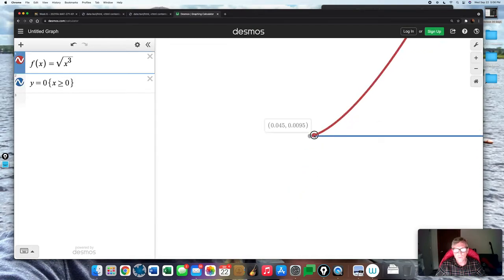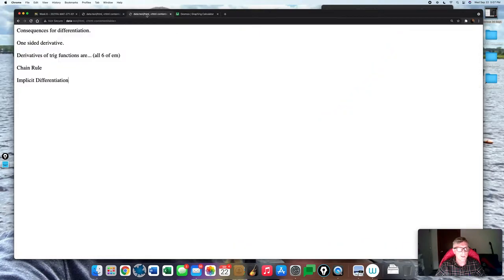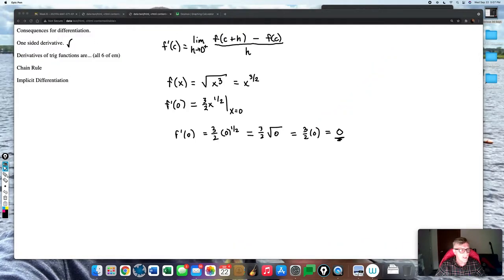The curve has values that are going away from the tangent line, but as we approach 0, 0, the graph sure does look more and more like this blue line. Okay, so that's for the most part what a one-sided derivative is.